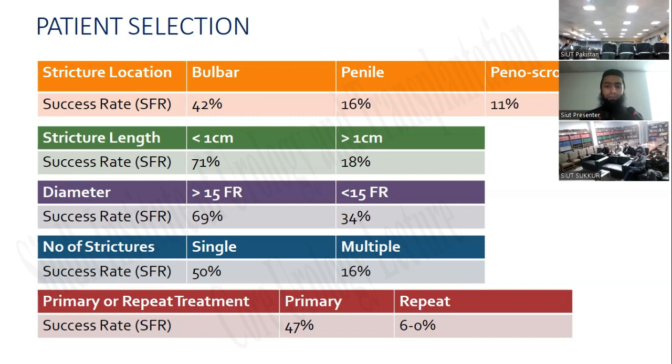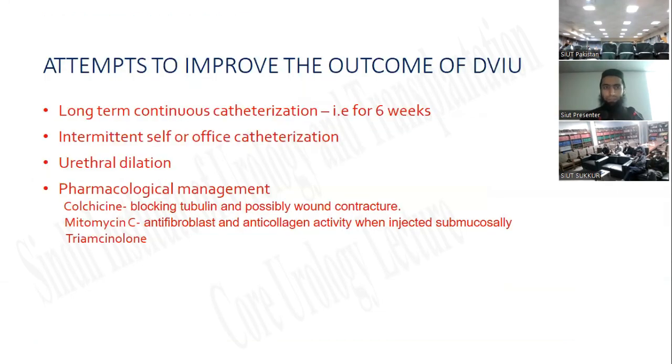If it is a repetition or second DVIU procedure, it is about 6% success rate. Up to 1.5 centimeter we can do it if the procedure was not done before, so we can do it once.